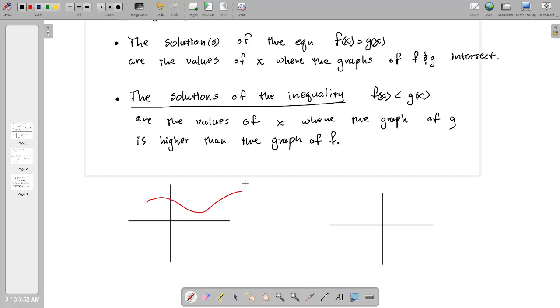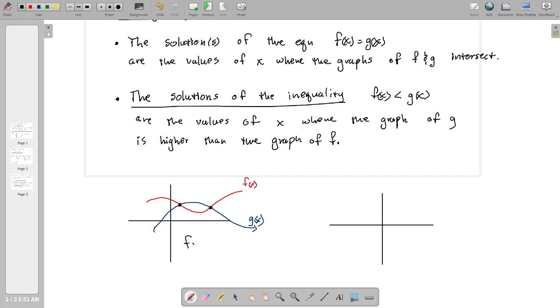We have a function like this. Say that this is our f of x, and this is our g of x. Then we would say that f of x equals g of x at these points, this point and this point. Note that these points are on both curves.